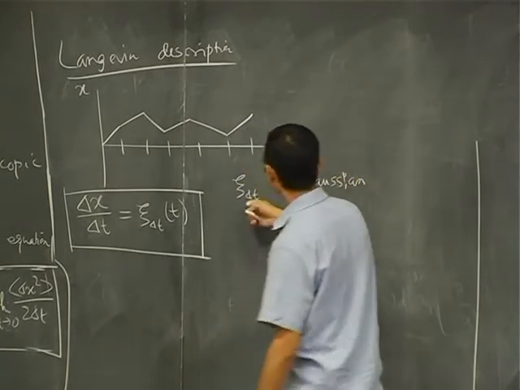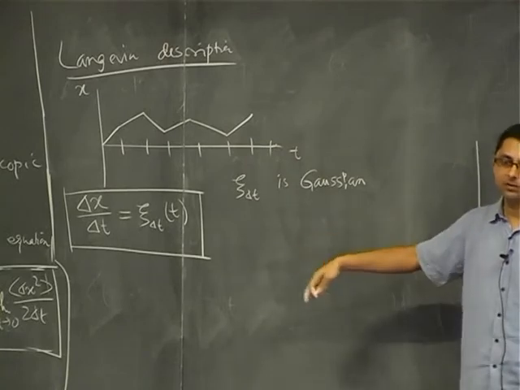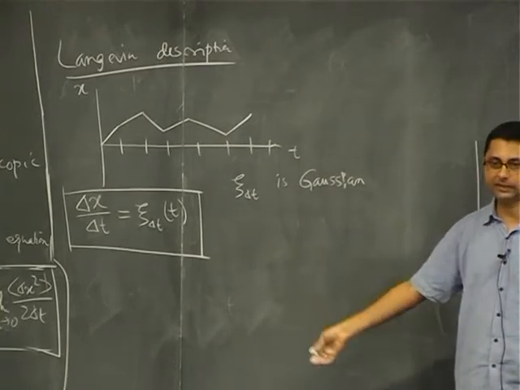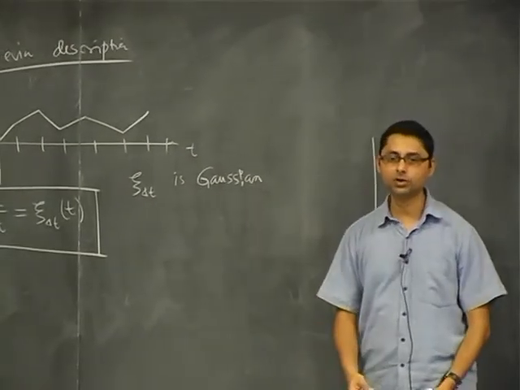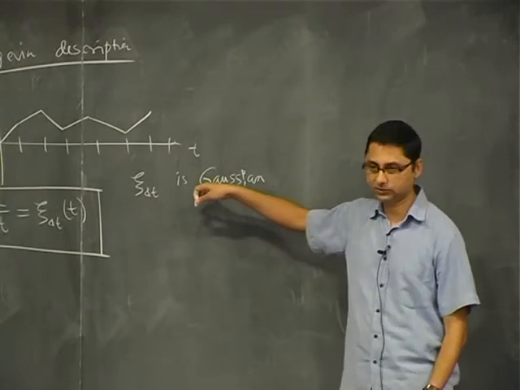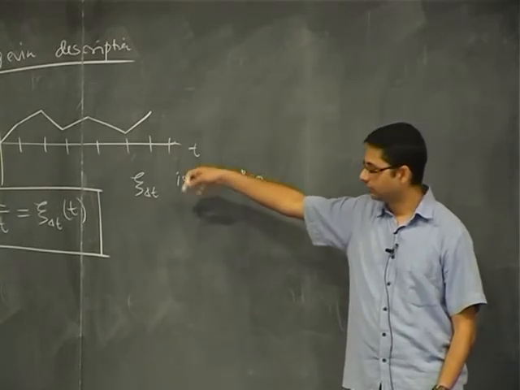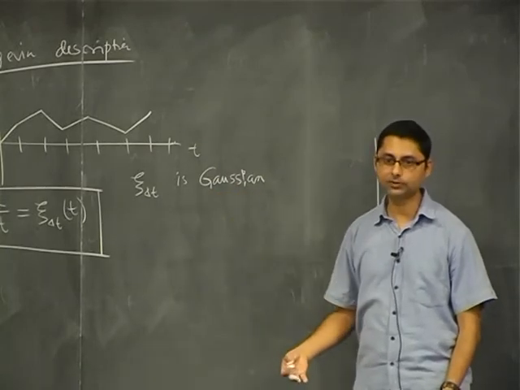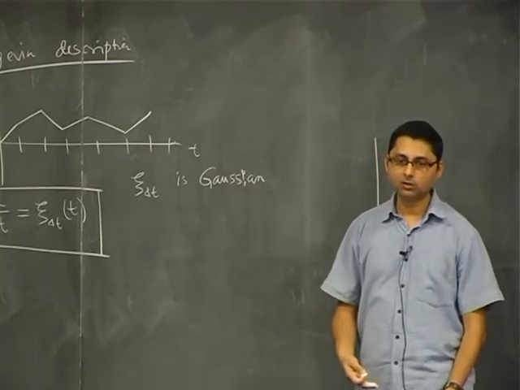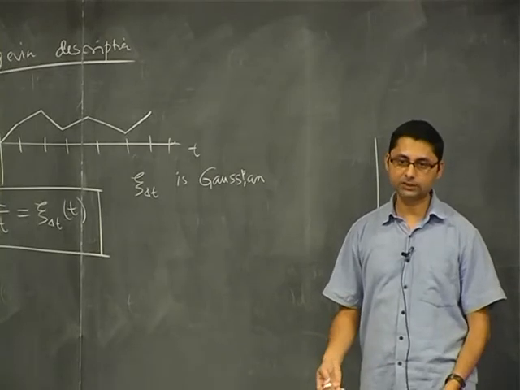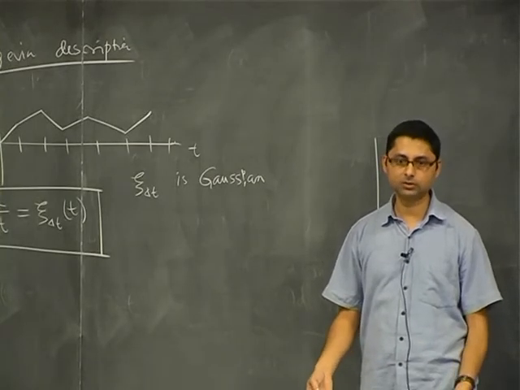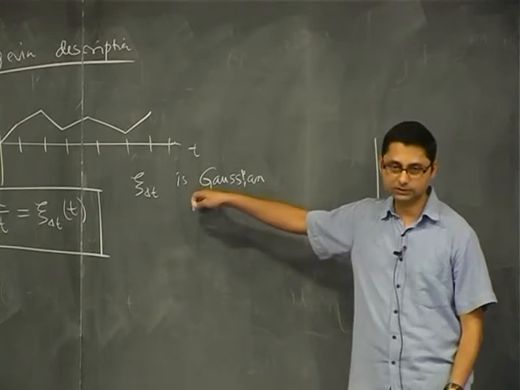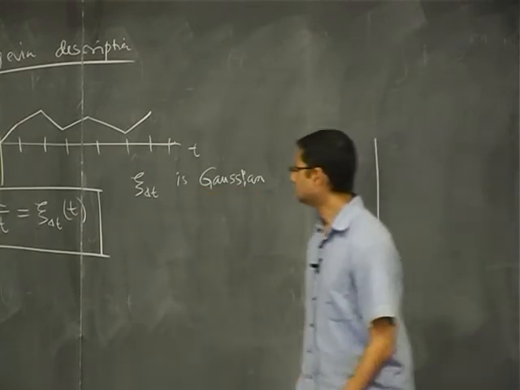This is not very important if you just want to derive a Fokker-Planck equation from a Langevin equation, but it is important if you want the noise to have a Gaussian form. For example, if you want to write down a path integral description of this Brownian motion or diffusion, then this Gaussian nature is important.